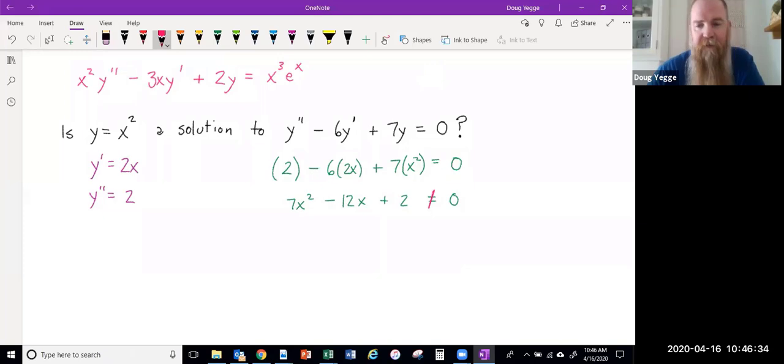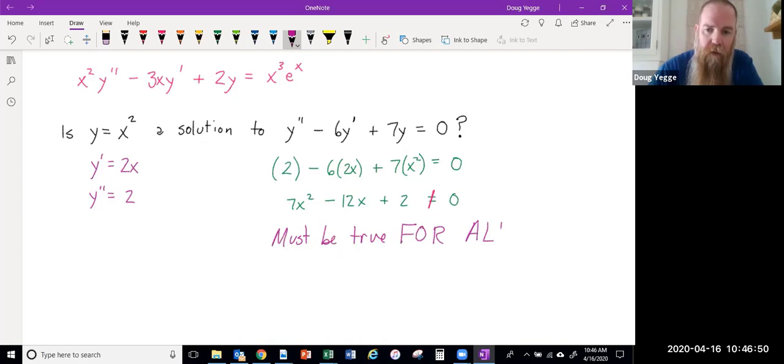No, it is not equal to 0. Because in order to be a solution to a differential equation, it must be true for all x's, not just some x's.